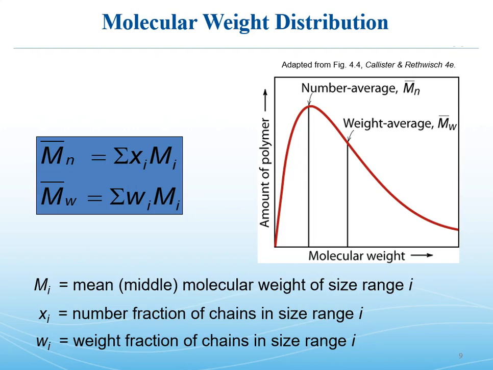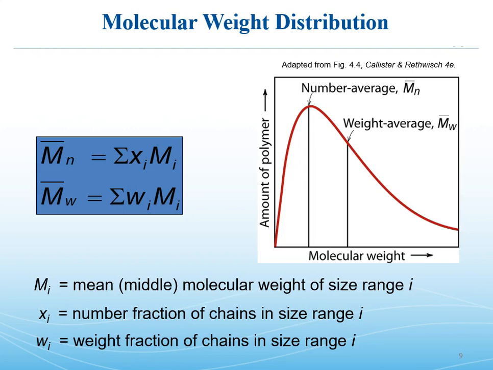It's 1/10 of the total number of chains in the sample. So if we had 10 chains and they ranged in size evenly from 10,000 to 100,000, give or take, we would just sum 0.1 times 10,000, 0.1 times 20,000, etc., sum them all up, and we would have the number average molecular weight.